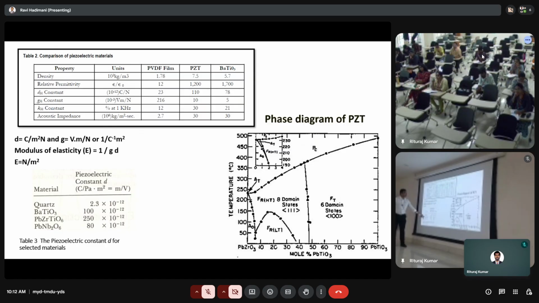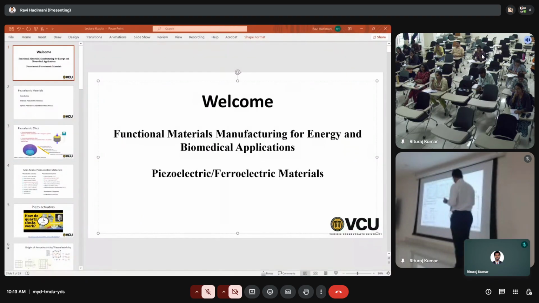This is probably the D33 constant rather than D31 constant because it's 120. D33 and D31 differ just in which direction you measure. D33 is normally what is commonly referred to. And here is the PZT phase diagram.